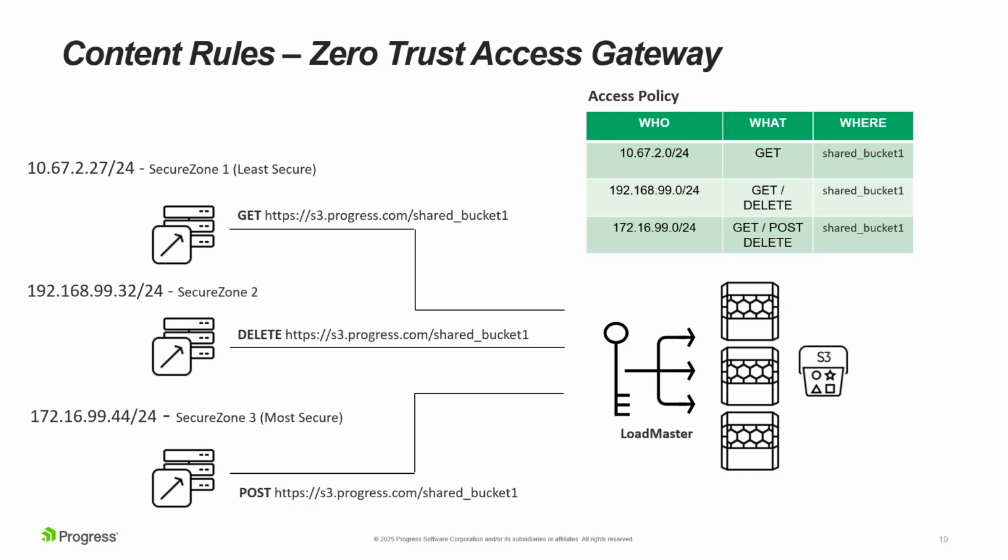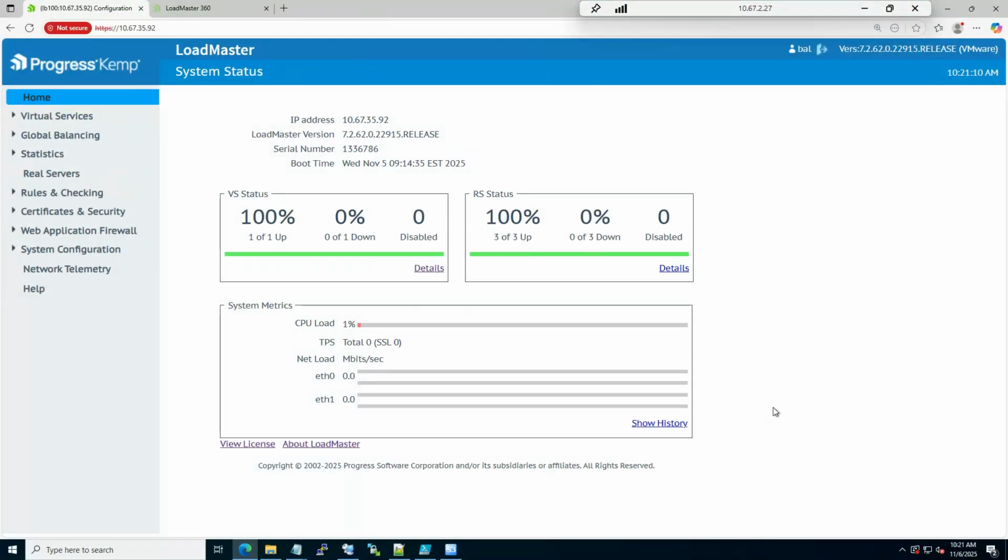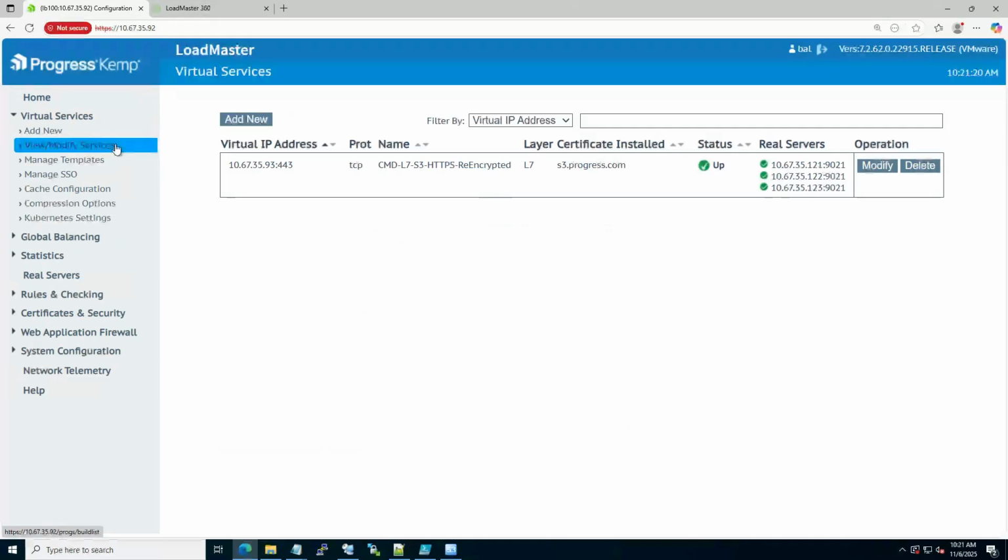So with this scenario, we can jump into a demo to show how this is used and how it works. Here I have my LoadMaster, and I have a virtual service set up, which is publishing these 3 backend ECS nodes.